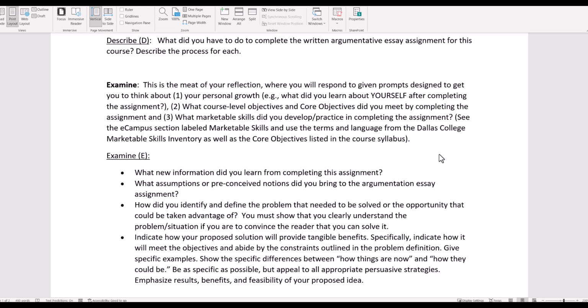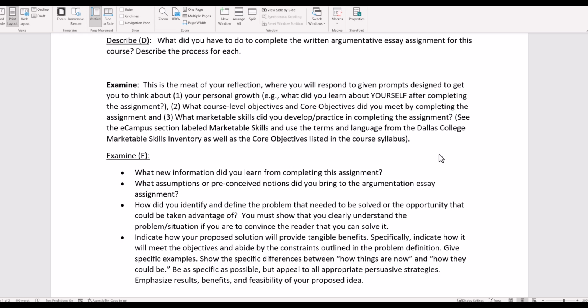Second, what course level objectives and core objectives did you meet by completing the assignment? And third, what marketable skills did you develop or practice in completing the assignment?